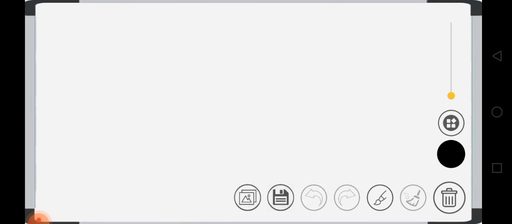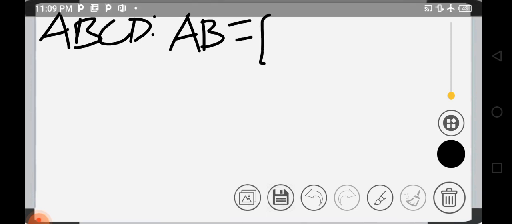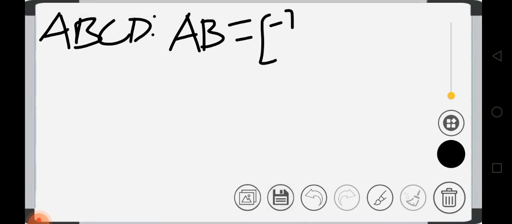So let's look at this. Let's say ABCD is a parallelogram in which AB is equal to minus 7, minus 3.